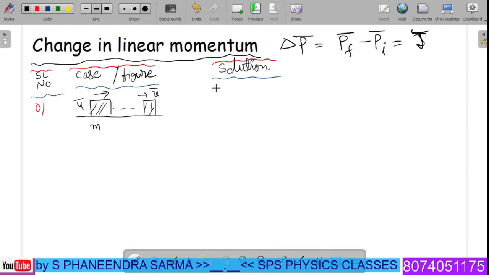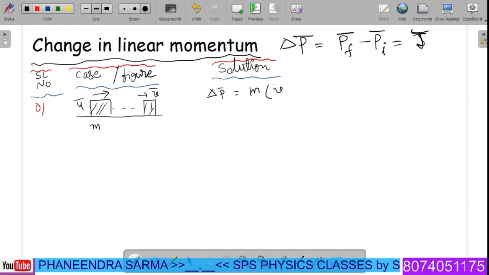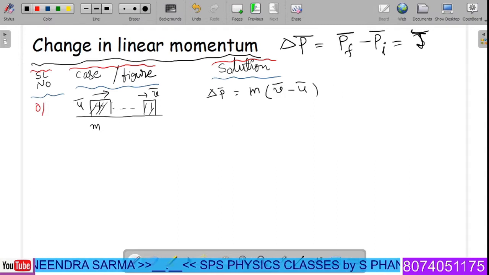Therefore, in this case, the change in linear momentum is equal to the mass, which is constant, times the final velocity minus the initial velocity. Velocity is a vector, therefore I wrote bar bar. Both are moving along the x-axis only, so delta p changes along the x direction. That is the first example.